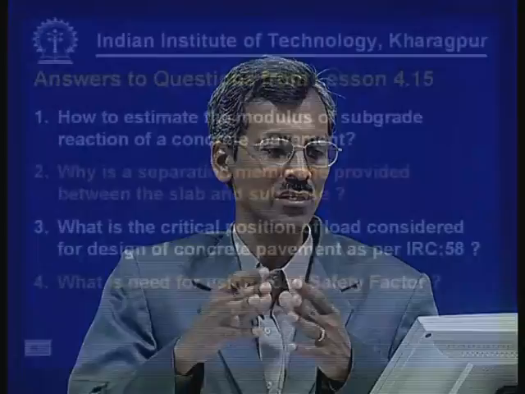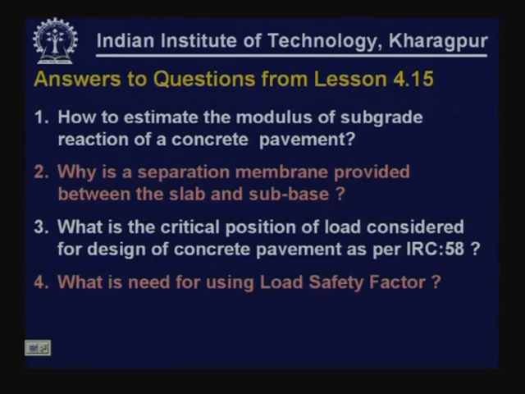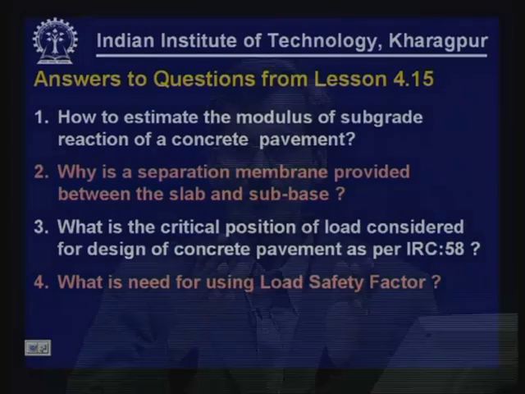It may not be perfectly smooth, but it will not be roughly bonded. But IRC recommends that for the highway pavements that we have, a plastic sheet has to be placed between the subbase and the slab. The reason for this is the concern for lot of shrinkage failures and cracks that are occurring in concrete slabs because of volumetric contraction and shrinkage.